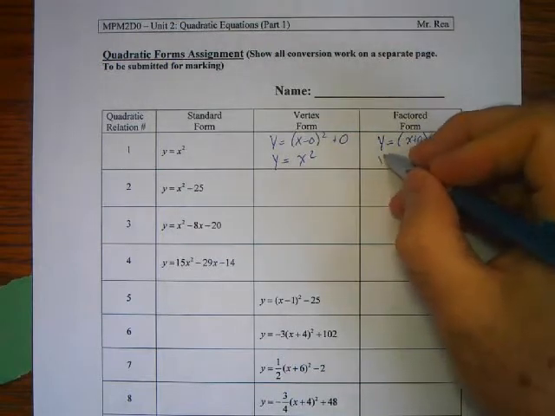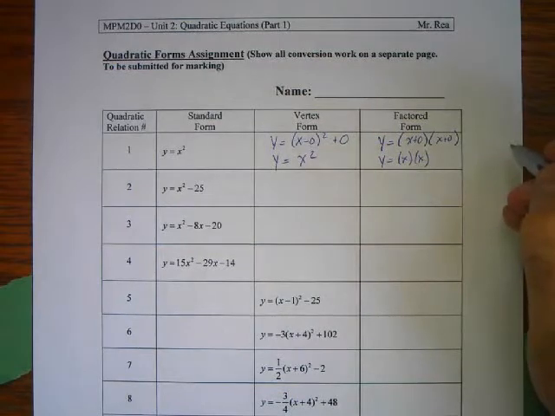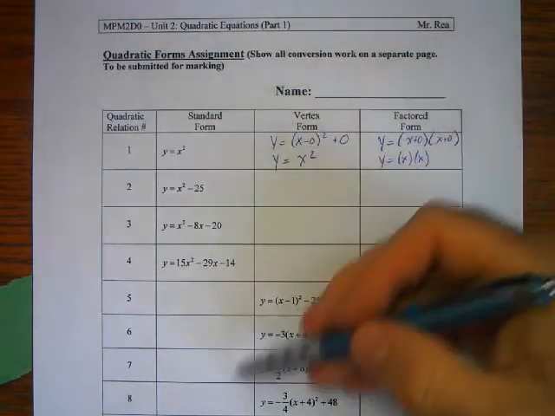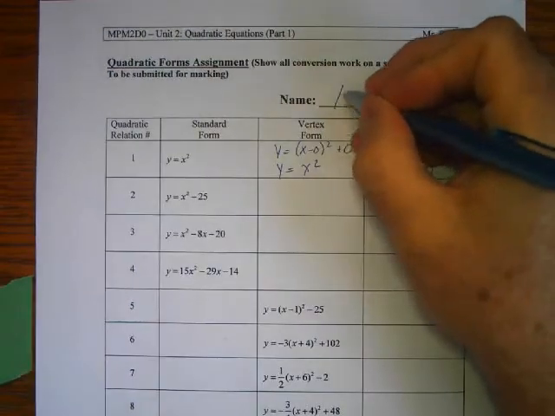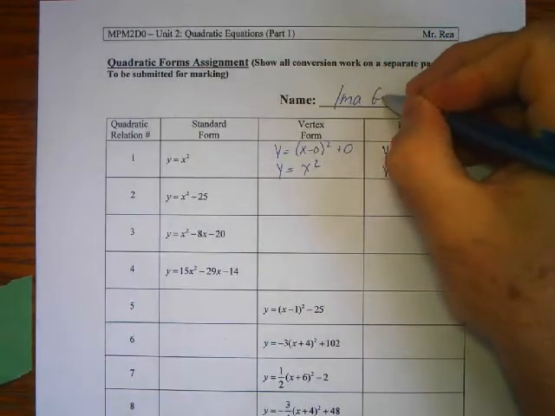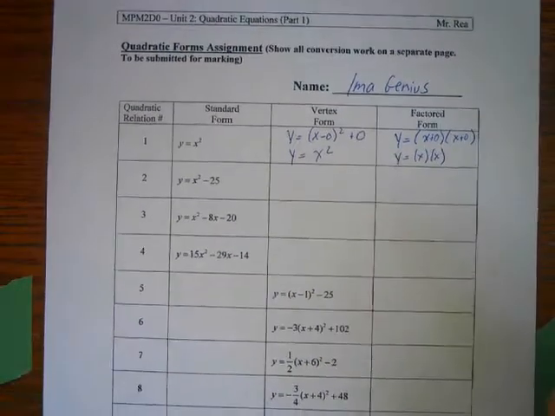But really, I could just write it as x times x. So that would be the factored form of x squared. So your job will be to fill in the rest of this table. Make sure you put your name here. I'm a genius. Hopefully you are.